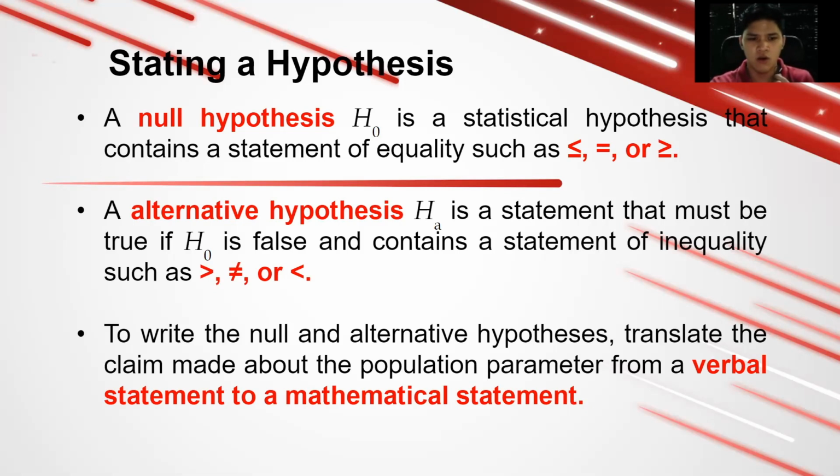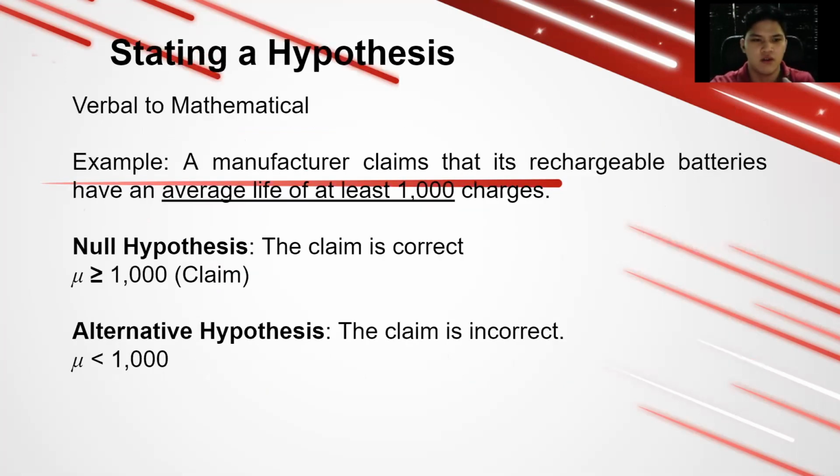Now, when it comes to writing null and alternative hypothesis, we must translate the claim made about the population parameter from a verbal statement to a mathematical statement. This example is what I was referring to previously. A manufacturer claims that its rechargeable batteries have an average life of at least 1,000 charges.